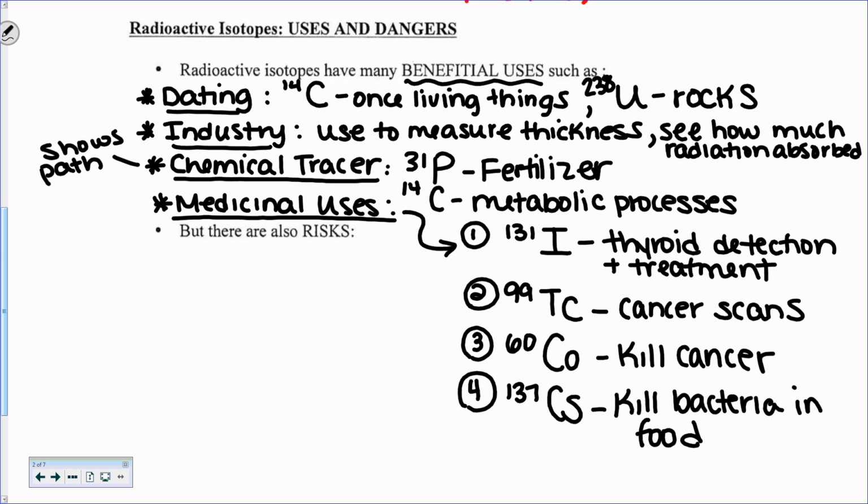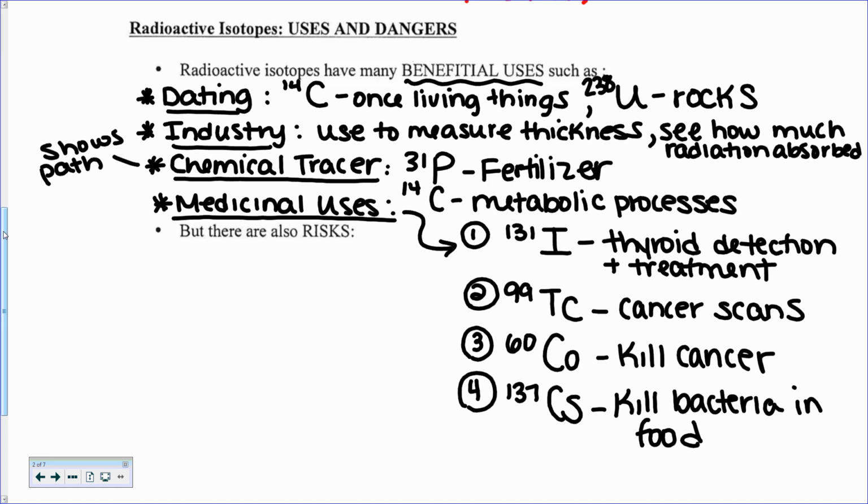I can use it in industry, looking at the thickness of things, how much radiation it absorbs. I can use it as a chemical tracer to follow the path of something. And I have 4 different medicinal uses: iodine-131 for thyroid, technetium-99 for a cancer scan, cobalt-60 to kill the cancer, and cesium-137 to kill the bacteria in food. So all of those things are great.